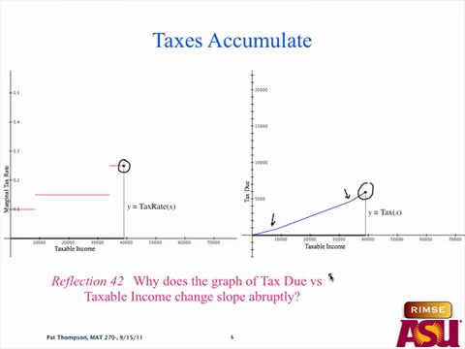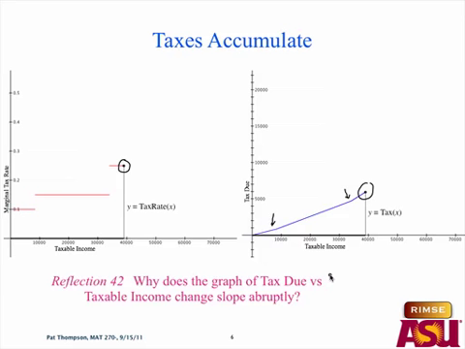So why are there abrupt changes in slope? Because the rate is changing. And how does the rate change? Gradually? It's not proportional. It's changing.